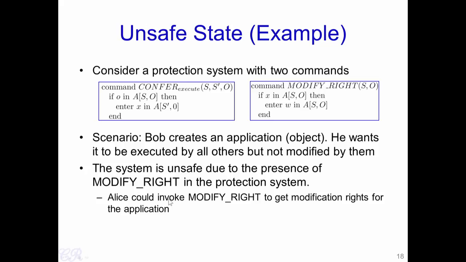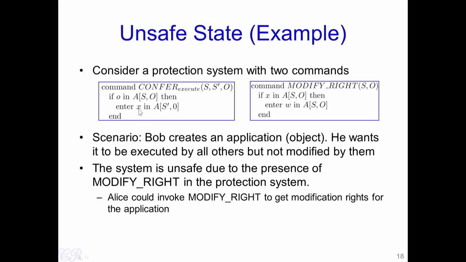Alice, another person who has the execute right for that application, could invoke modify rights to get the modification rights on that application, and once Alice gets the right to modify it, there is nothing stopping Alice from changing that operation.